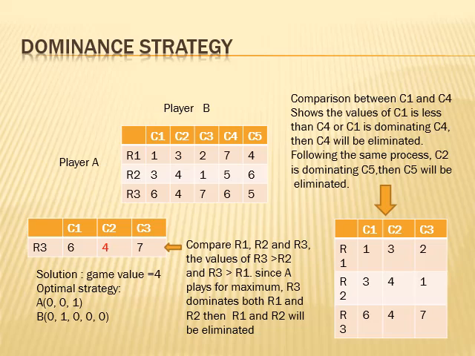Now let's move to compare C1 and C3. 1 is less than 2, 3 is more than 1, and 6 is less than 7. We will also ignore this comparison. Now move to the comparison between C1 and C4.